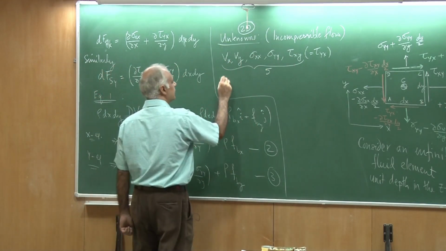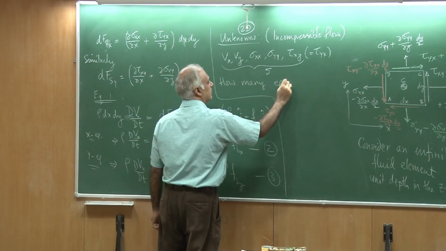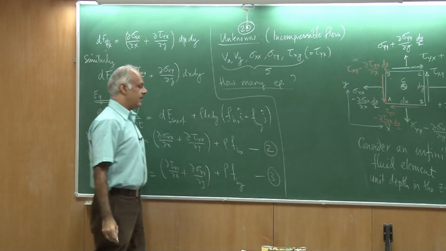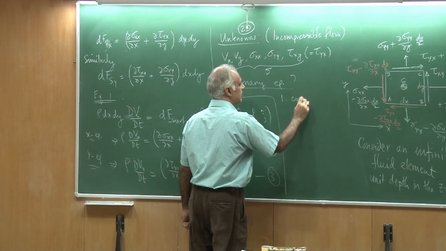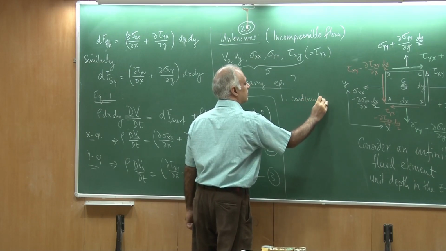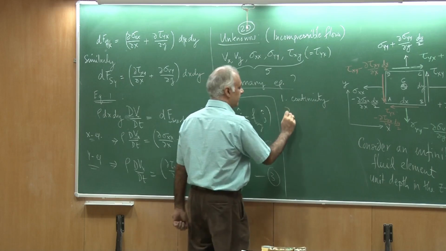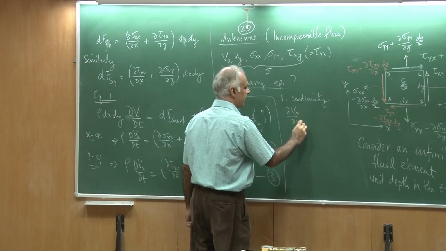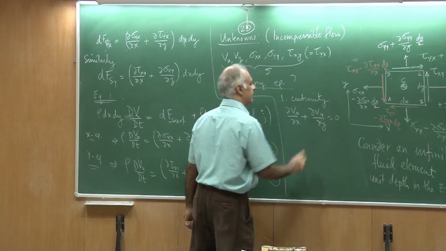How many equations do we have? Well, we had one continuity equation, and let me recall that for you. That is simply del Vx by del x plus del Vy by del y equals 0.